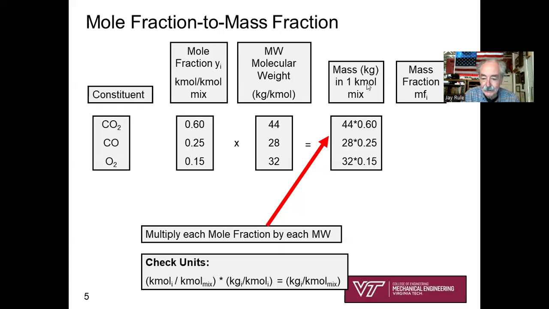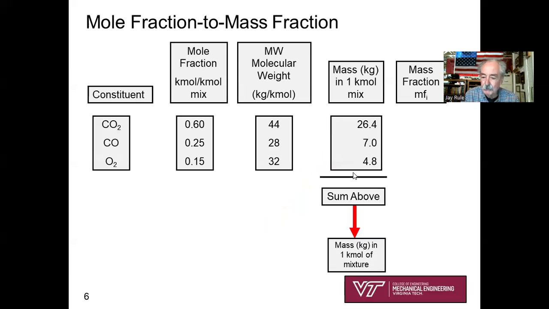And let's see, do the units work? Kilomoles per kilomole of mixture times kilograms per kilomole of constituent. So it's going to be kilograms per kilomole of mixture. Yeah, that works. So that unit checks out okay. We're on track. Okay, so we do the math.